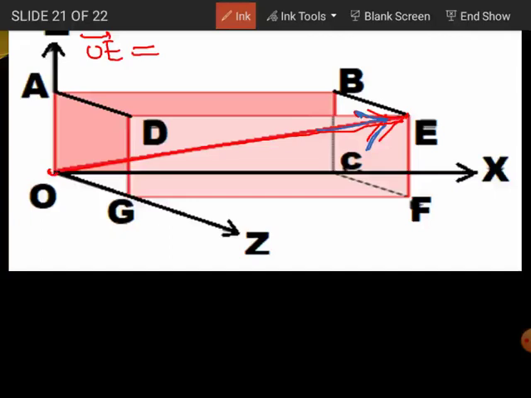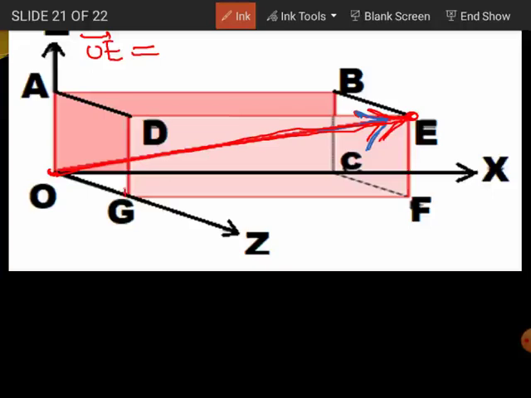O and E are the diagonals, but it is not lying on one face. This line OE will be inside the body itself, and these E and O are the opposite vertices inside the body itself.